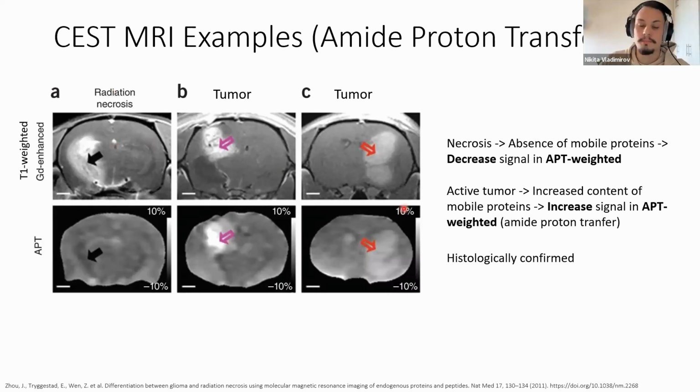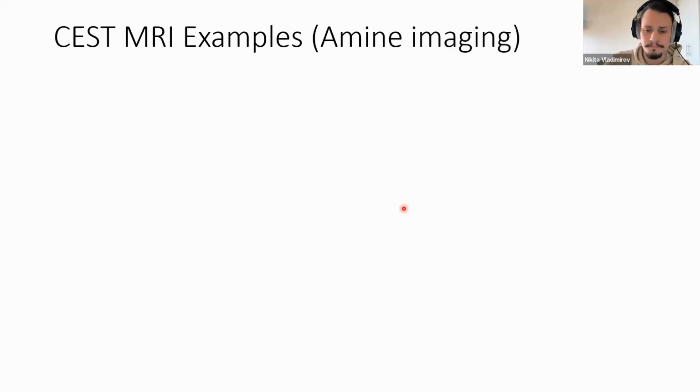Why does it happen? When we have necrosis, this is cell death, and there is an absence of mobile proteins, so we see a decrease in APT weighted signal. If the tumor is active, it actively proliferates, with increased content of mobile proteins, so we see an increase in signal. That's simple.